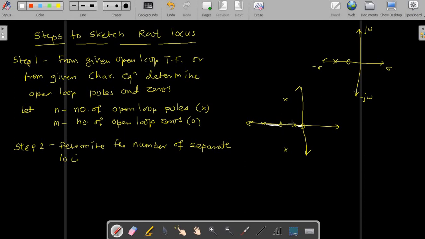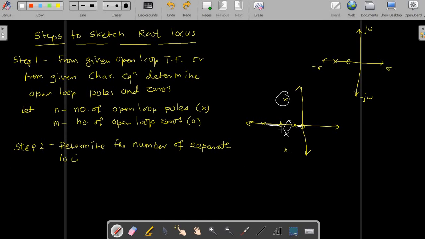But if you consider this region, to the right of this there is only one pole and one zero, and the addition is going to be 2, which is an even number. So this is not going to be a root locus region. And we are not considering complex conjugate poles in this case. Okay.